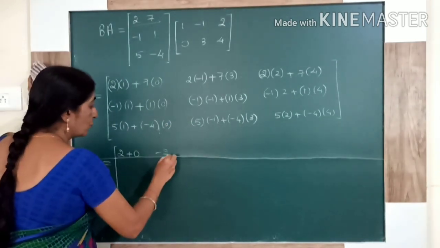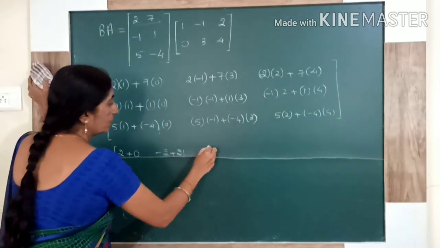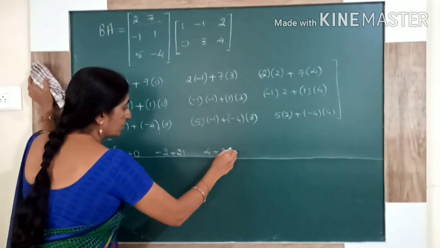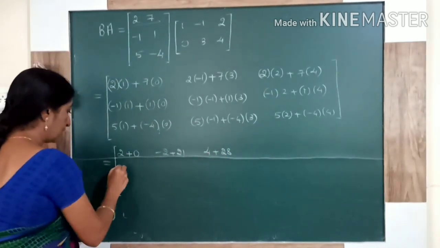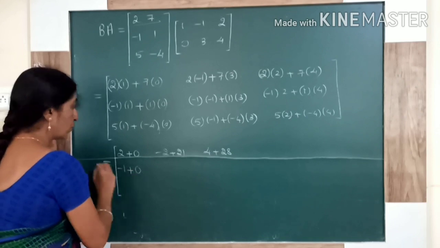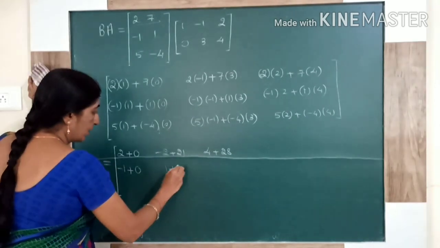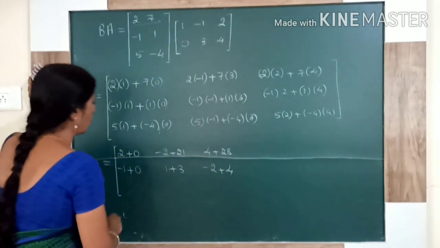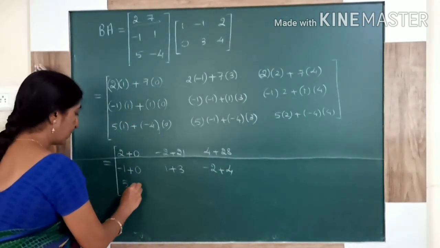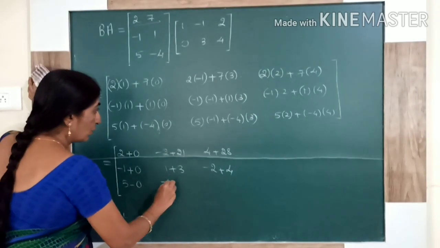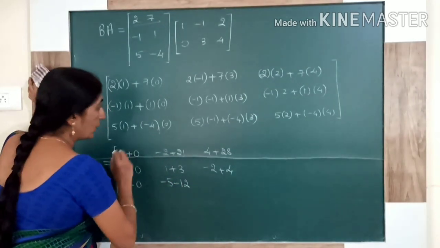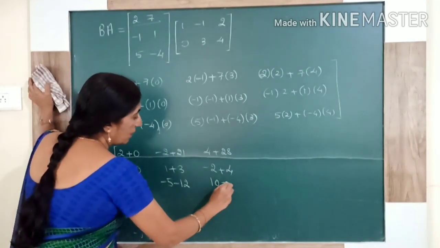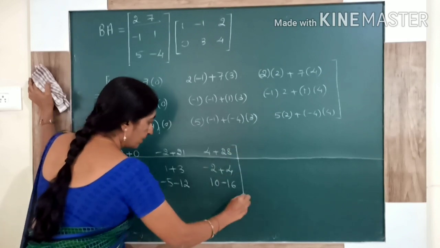Here minus 2 plus 21, 4 plus 28, then minus 1 plus 0. It is 1 plus 3, minus 2 plus 4, then 5 minus 0, minus 5 minus 12, then 10 minus 16.